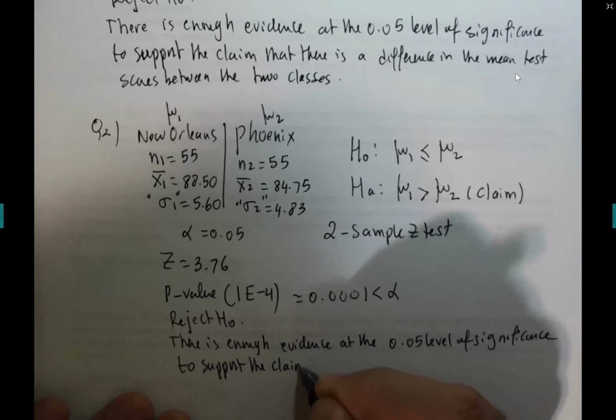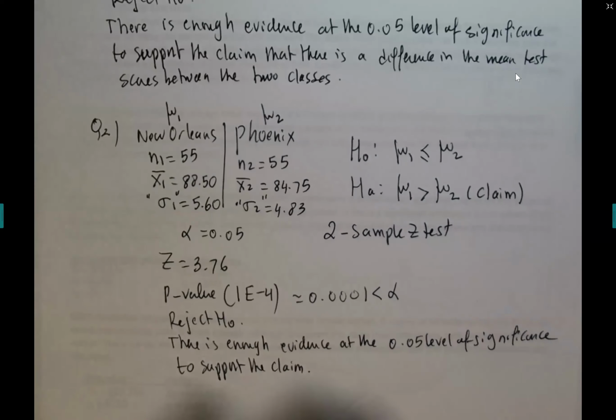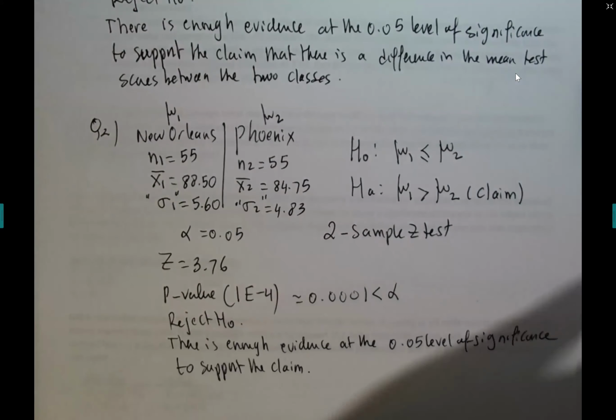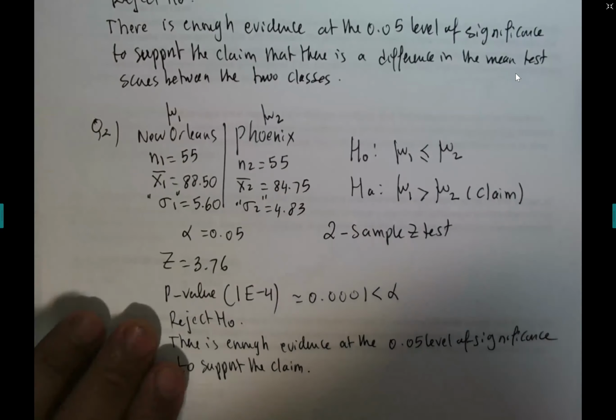So you are supporting the claim. Period. Whoever made the claim, you're just supporting it. You think that it is a true claim. To support the claim that it costs more to lodge in New Orleans than Phoenix. Okay, so that's question 2.